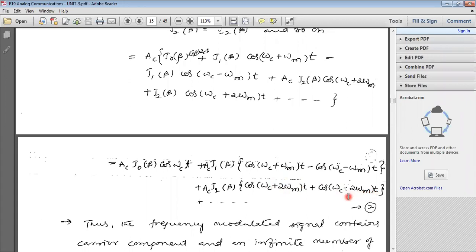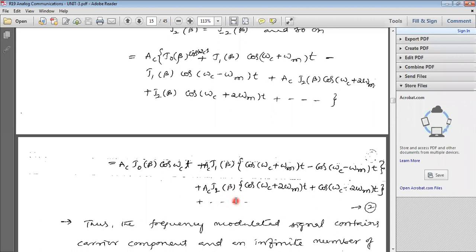So for different values of n, we have different sidebands with different amplitudes. If you observe, for every sideband the amplitude is a Bessel function: J1(beta), for the second J2(beta), and for the third J3(beta).